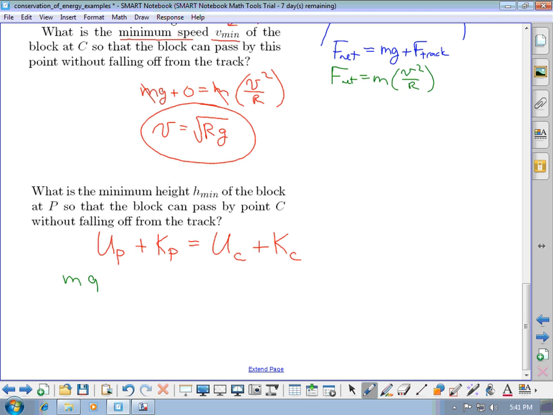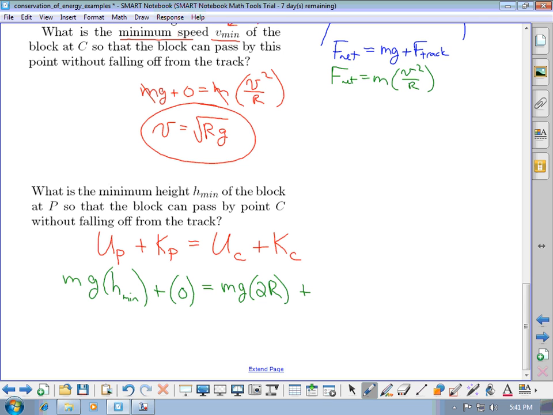So if we have m times g times my minimum height that I'm looking for, it's starting from rest at that point. This was mg times 2r.